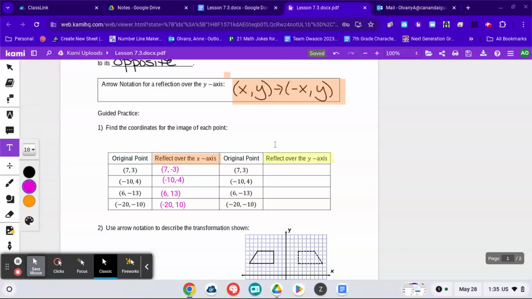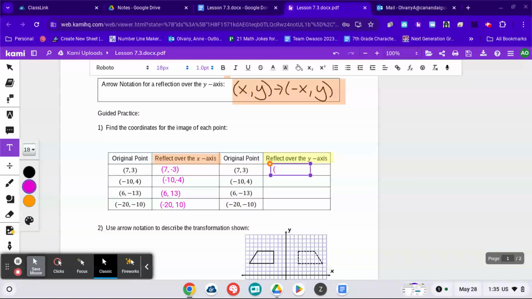Okay. This column over here, we're going to reflect over the y. So if we're reflecting over the y, y stays the same. That means we have to take the opposite of x. That one's going to be -7, 3. We're flipping over the y, so the x is going to be opposite and the y stays the same.